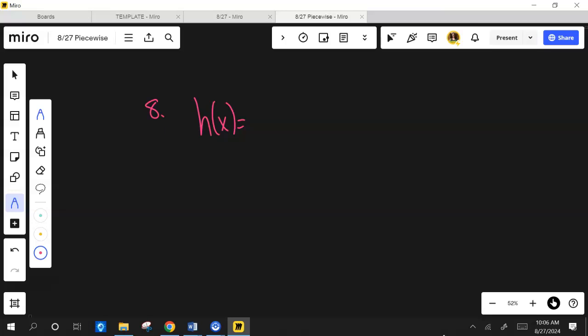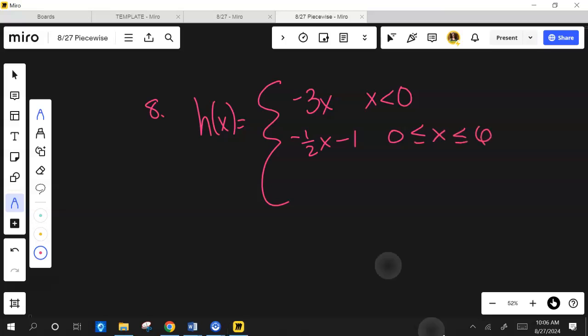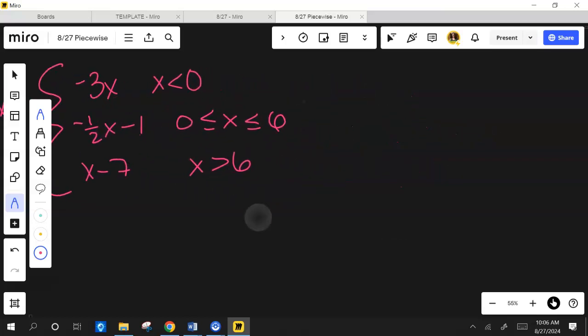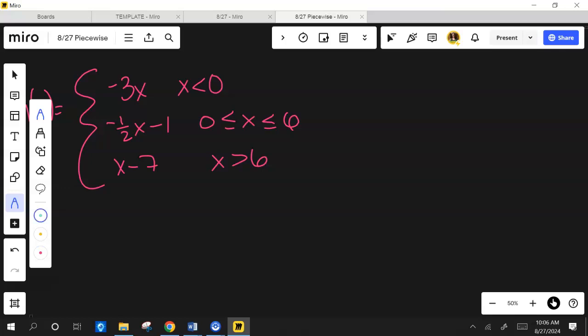H of x equals... What happens when you plug in 0?